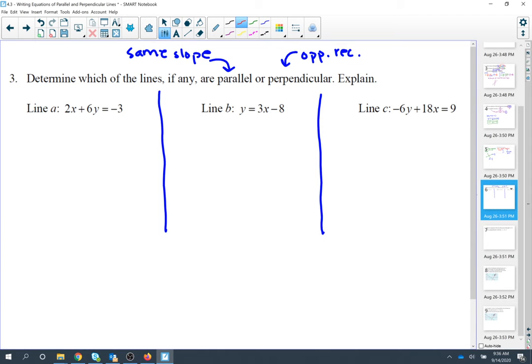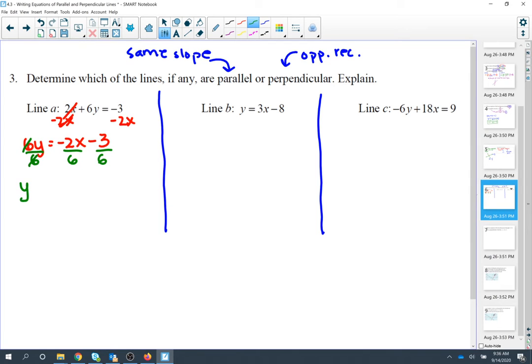Okay, line A, I'm going to start by getting y by itself. I'm going to subtract 2x. That's going to leave me with 6y equals negative 2x minus 3. Then I'm going to divide by 6. Make sure you divide everything by 6.